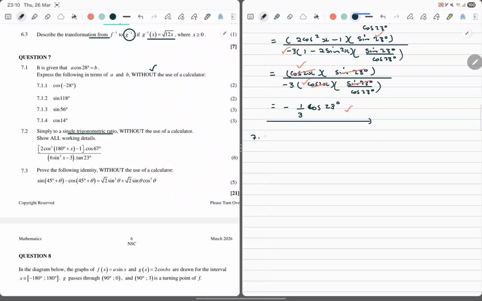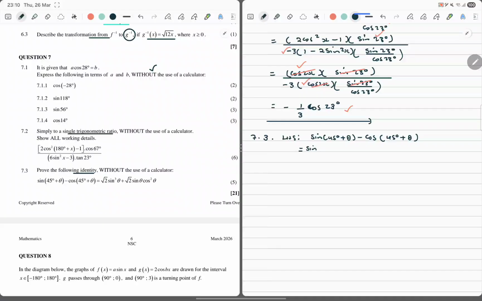So let's look at 7.3. 7.3 says, prove the following identity without the use of a calculator. Okay, you can choose here the left-hand side is sine 45 degrees plus theta minus cos 45 degrees plus theta.